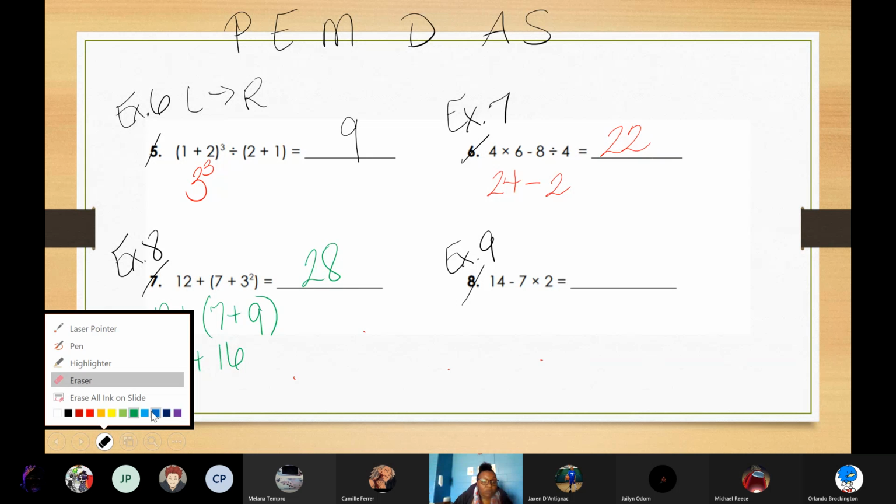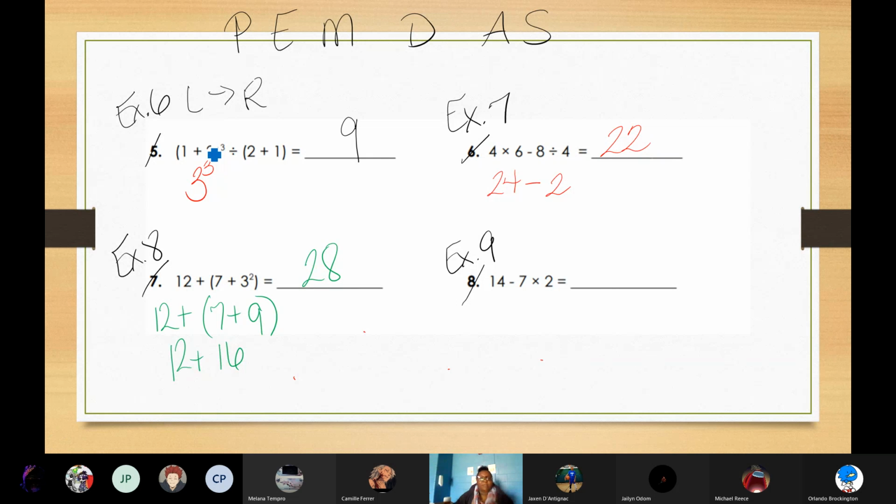So, use blue this time. With example 9, we don't have any parentheses. We don't have any exponents. We do have multiplication. And we don't have any division or addition. So we're just multiplying first, subtracting second. That helped me out to be able to see what order I needed to use for my operations.